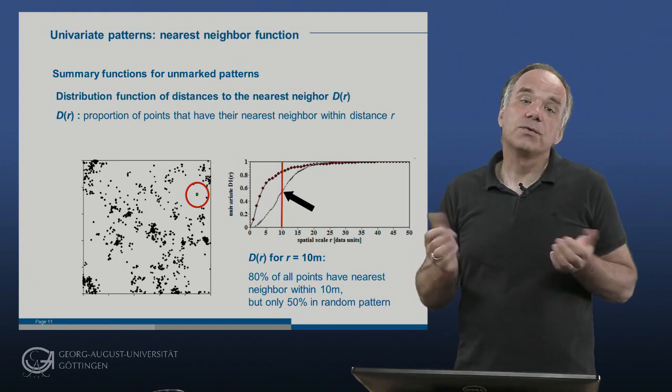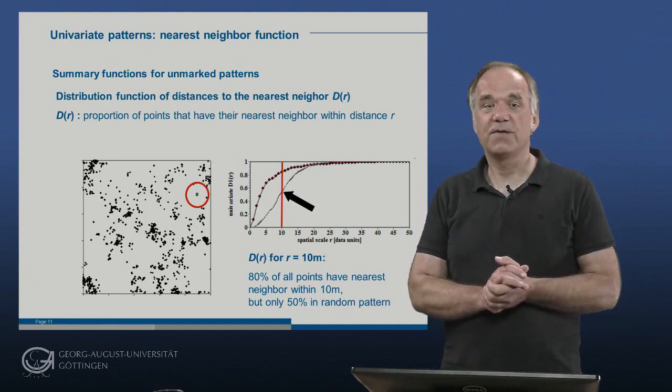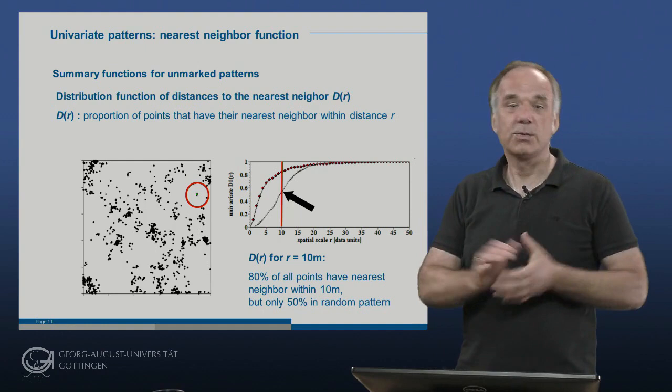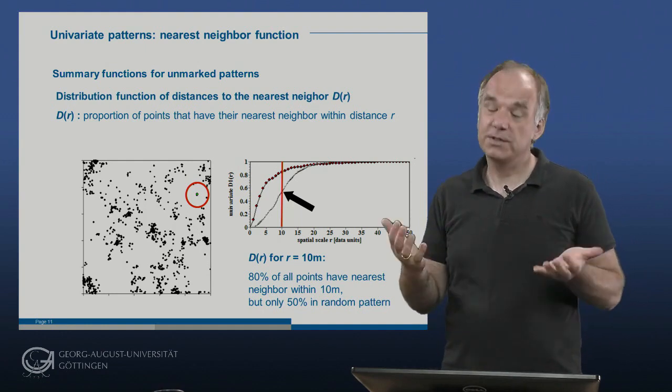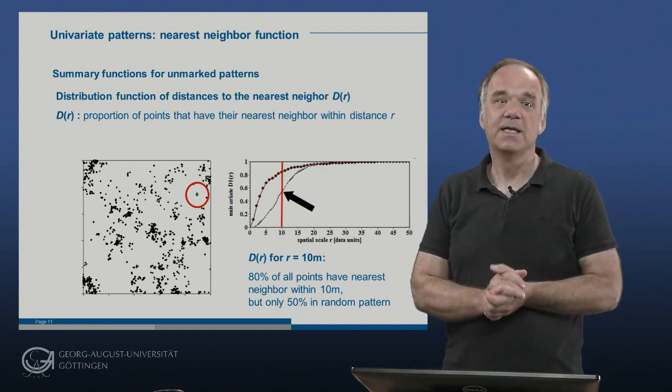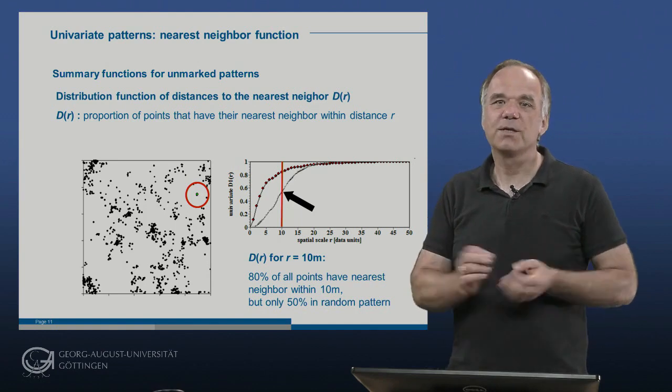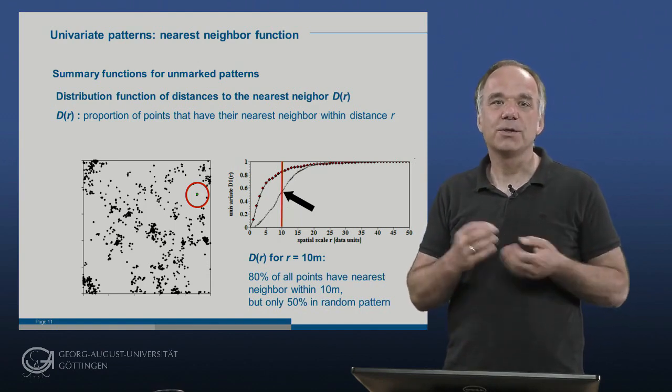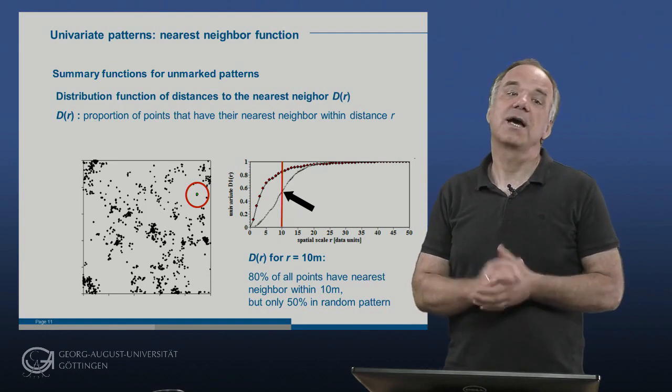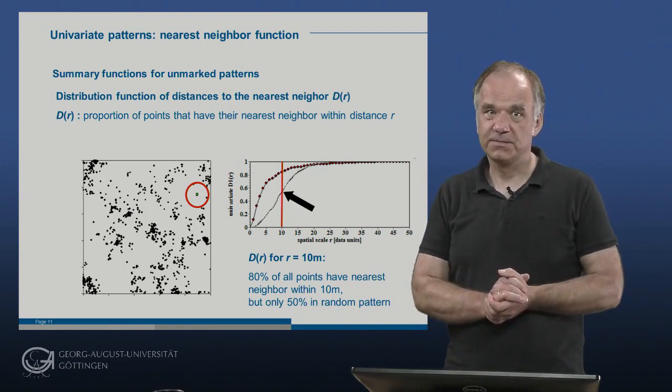You may have noticed that the nearest neighbor distribution function is not normalized relative to a random pattern, as was the case for the percolation function. That means by just looking at the value of the function, we cannot get information about aggregation or regularity.